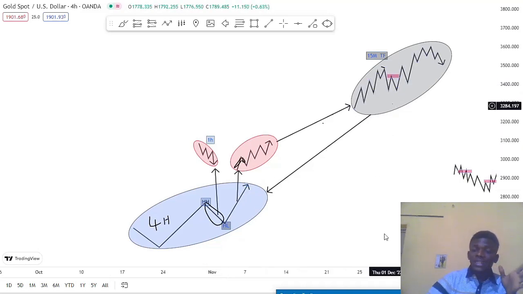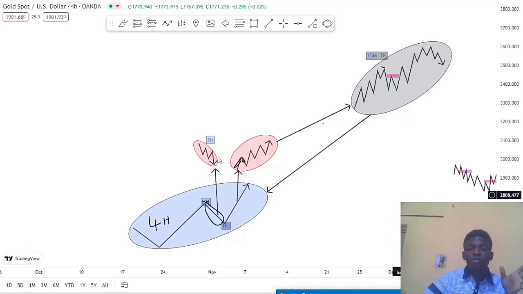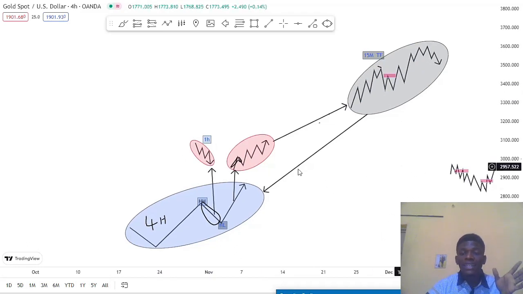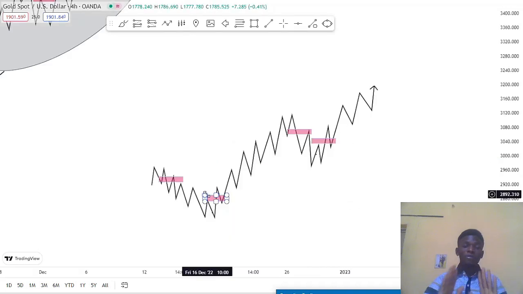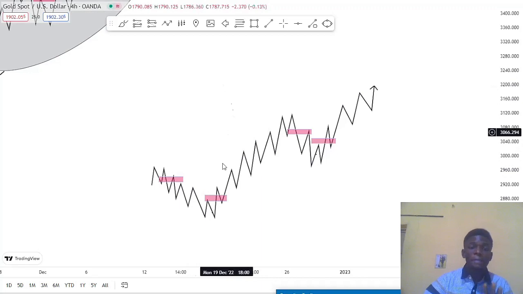Now once you relate this, this is how the whole movement will be. The whole movement will be creating a series of higher highs, higher lows on the 15 minute time frame if the 4 hourly time frame is your structural time frame. The market is not actually picture perfect, but more often than not, this will be your movement on the 15-minute time frame.